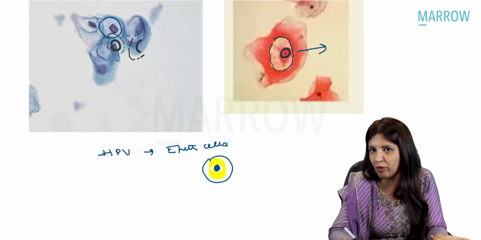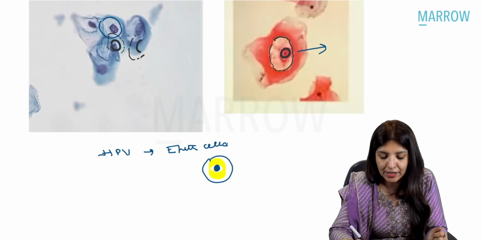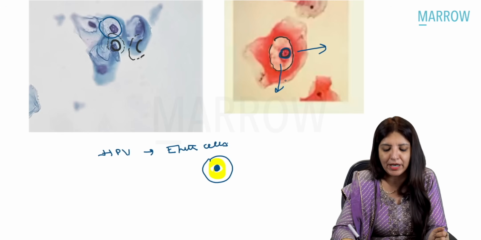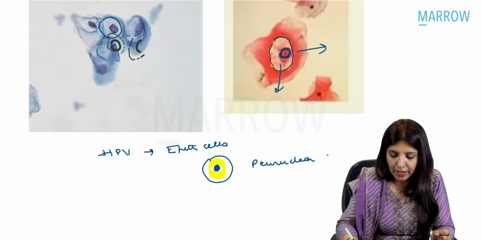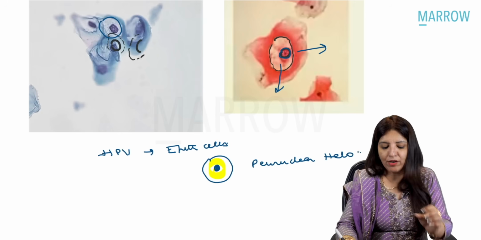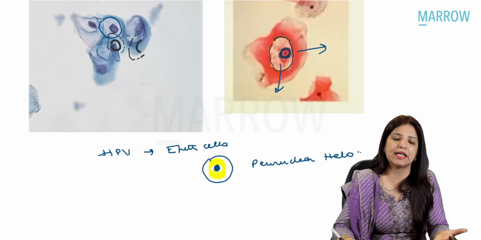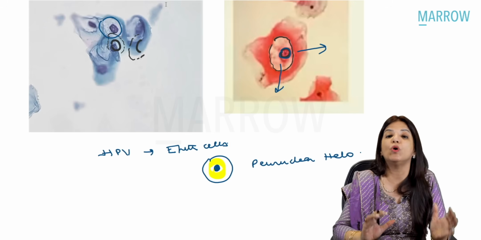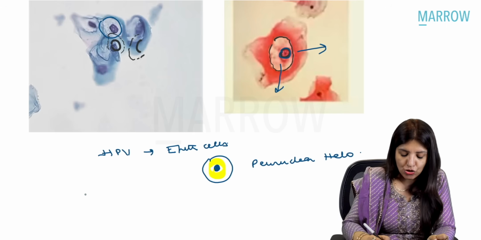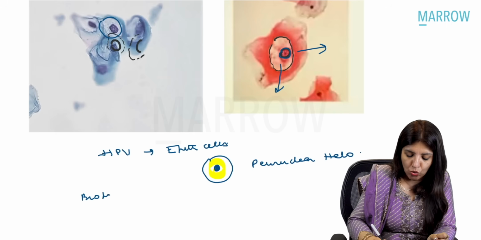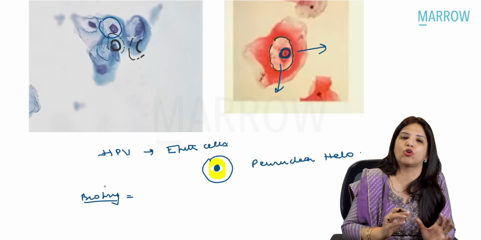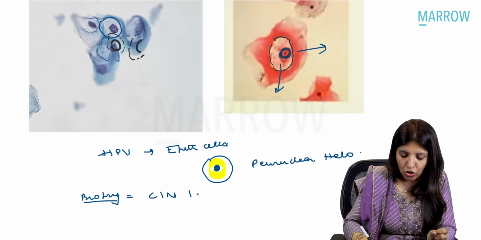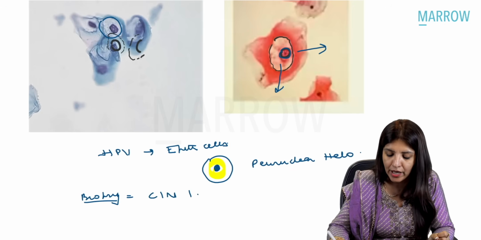That means this was a superficial cell and pink colored cell, but around the nucleus I am getting this white space, which is called a perinuclear halo, right? And when HPV infects the epithelial cells, that is what changes them into a coilocyte. Please remember, when you do biopsy in a coilocyte, it corresponds to CIN1.